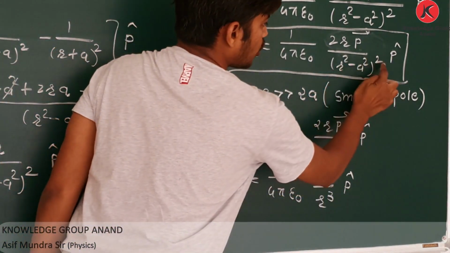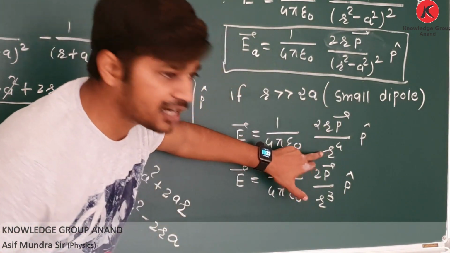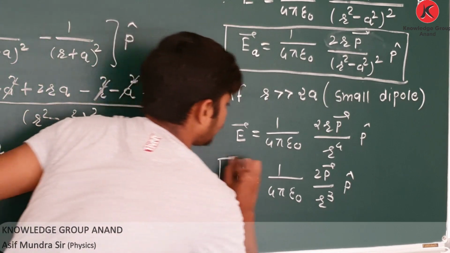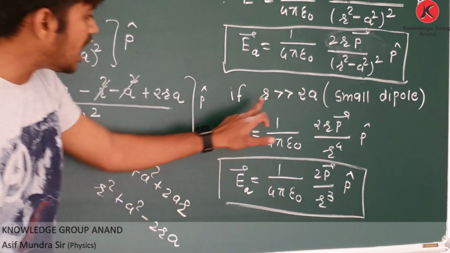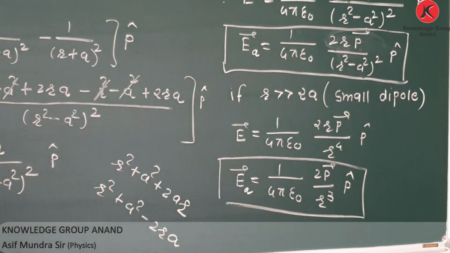So r square whole square means r raised to 4, and r raised to 4 divided by r gives r cube. So this is the equation of electric field on axis when r is very much greater than 2a.